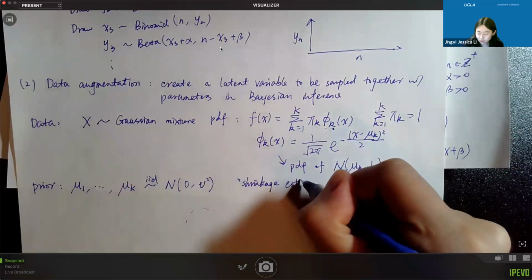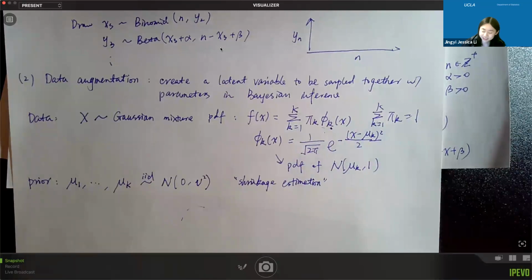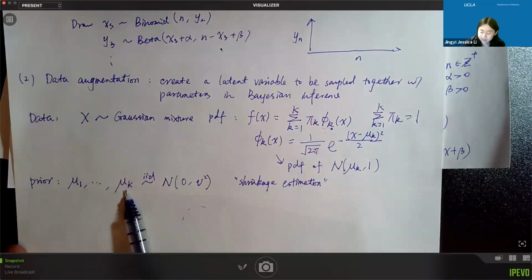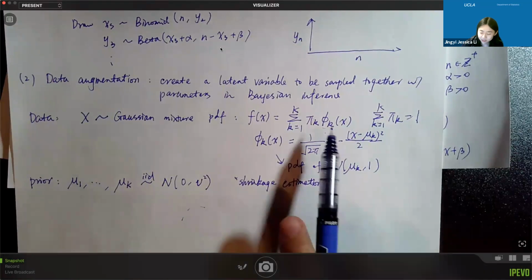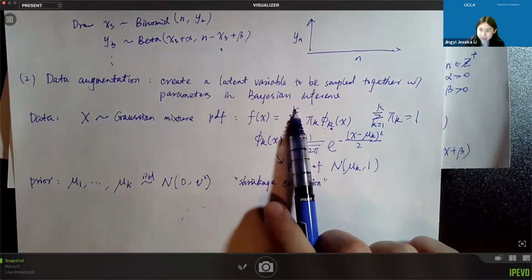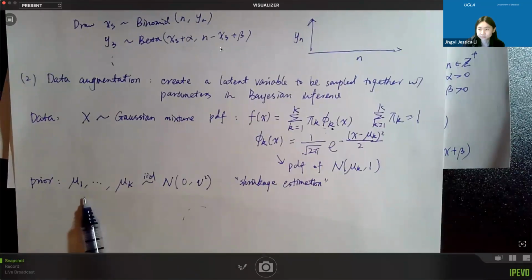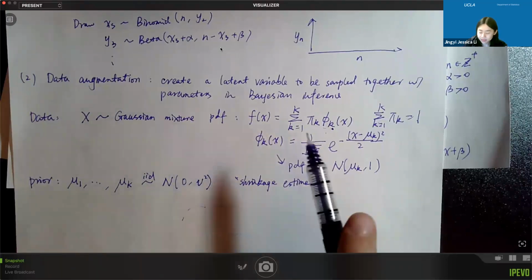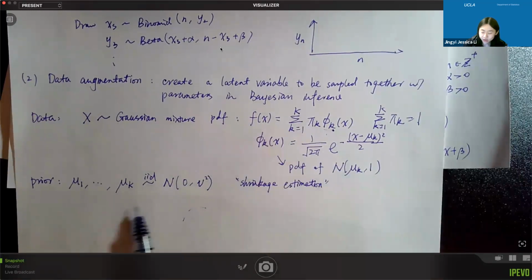So shrinkage estimation is a term people use in frequentist statistics. What I mean is that they are interested in estimating mu_1 to mu_K, but they realize that we don't have many data points, so we can't afford to estimate capital K parameters, which are too many. So what they do is borrow the Bayesian framework by assuming a prior. As a result, the Bayesian estimator you will get from the posterior mean will be a weighted sum of what you get from the data and what you have from the prior.